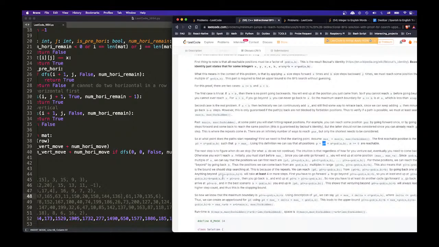If I hit here, if I go beyond, wait, hold on. If I go beyond, then what? If I go beyond the boundary, I still don't understand.